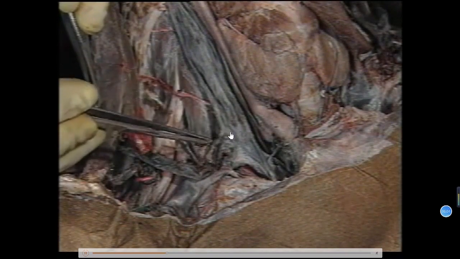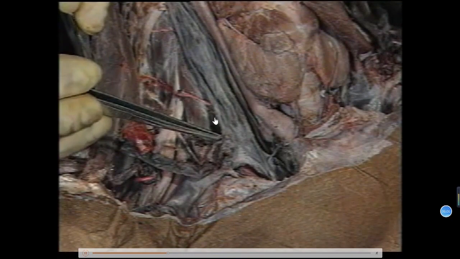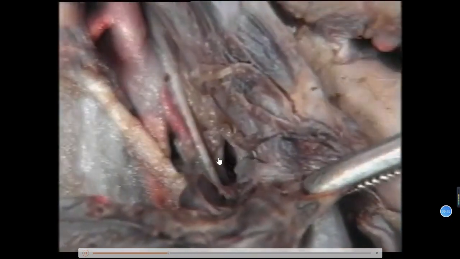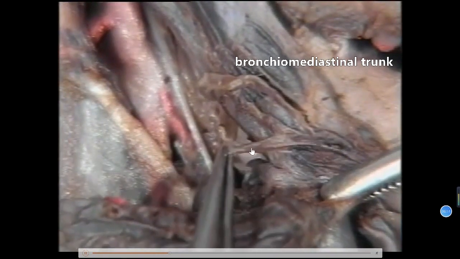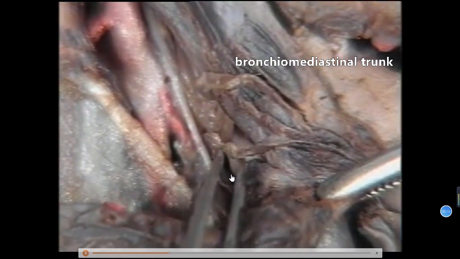Between internal jugular vein and subclavian vein, this angle is venous angle. Lymph enters here, because this is a lymphatic trunk. This trunk is from the thoracic cavity. This one is bronchomediastinal trunk, lymphatic trunk.